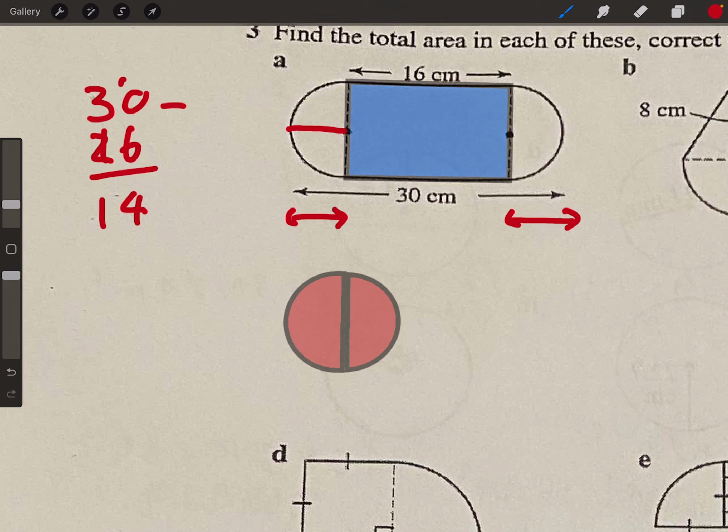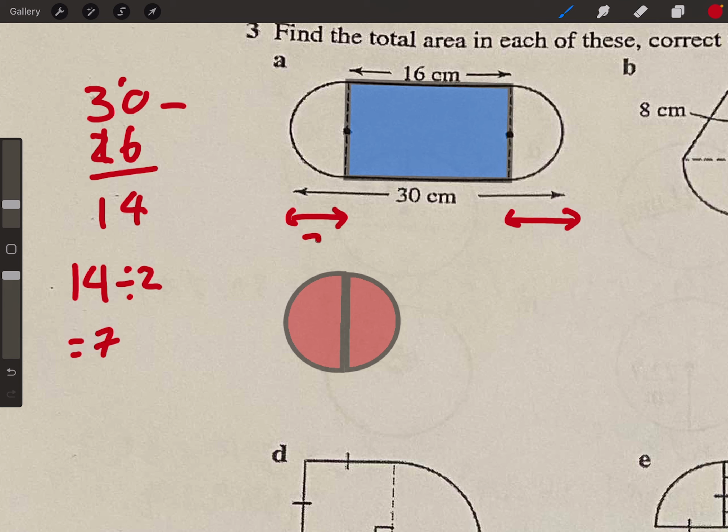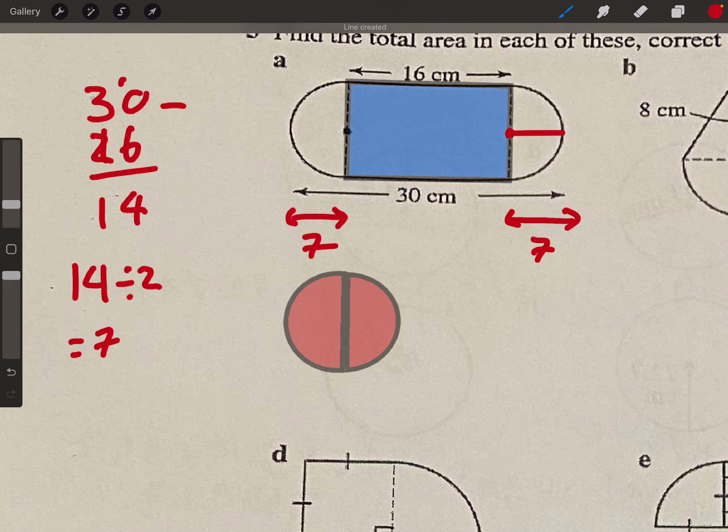So what is it? That's 14, we divide 14 by 2, and that gives us 7. So this must be 7, this must be 7, to make a total of 14. If you can imagine from the center of the circle going towards the circumference, the edge of the circle, we have the 7, and that's the radius.